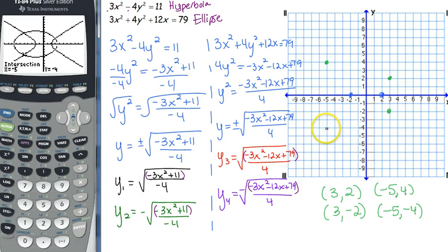So -5, -4. This will allow me, because I know that both my graphs go through it, to graph my hyperbola. There's the top, there's the bottom, my hyperbola over here, top, bottom, and then my ellipse, if I look, my ellipse is going 1, 2, 3, a little bit past 3.